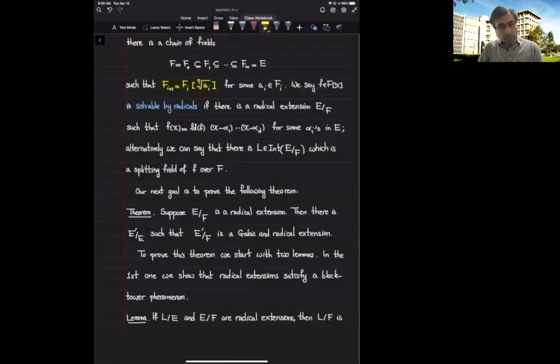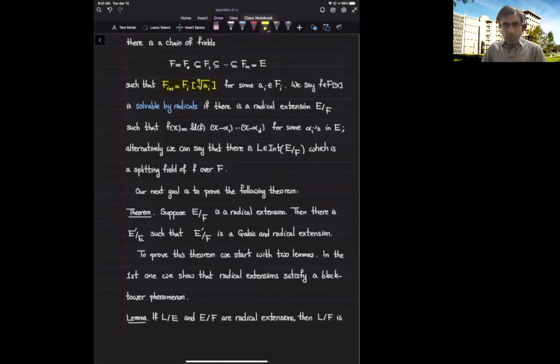Our immediate goal is first to change a radical extension by a possibly larger field extension, but gain a lot of symmetries. We have learned that the symmetries of a field extension, automorphisms of E over F, are largest when E over F is a Galois extension.